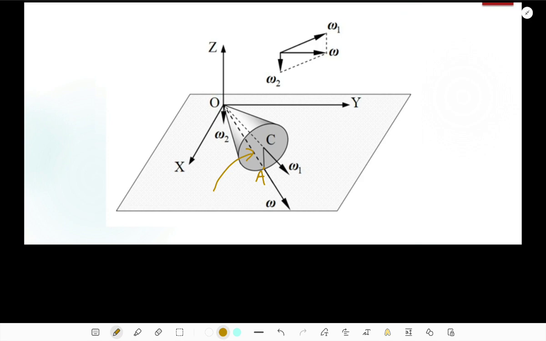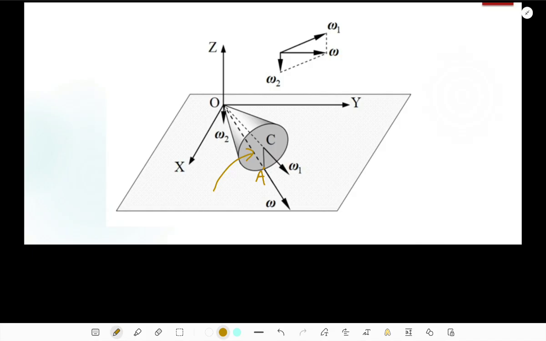Translation and rotation is easy to observe, but for pure rotation, you need to have an instantaneous center of rotation and a line passing through it.